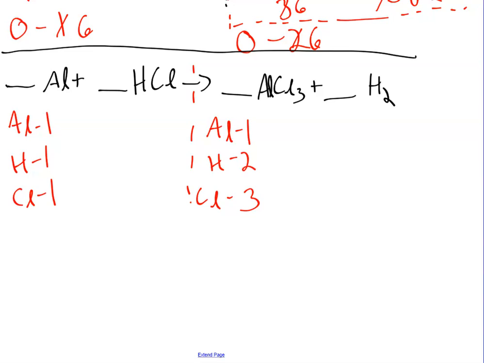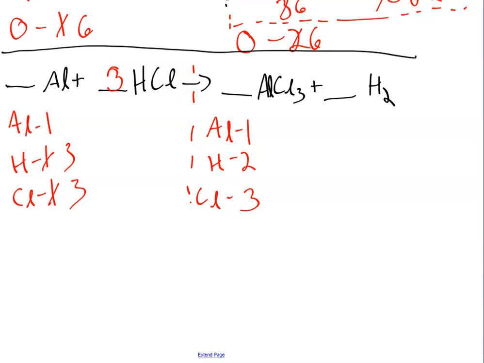Let's do chlorine. To give us 3 chlorines on this side, I can go ahead and put a 3 on that coefficient. Now hydrogen is 3 and chlorine is 3. Well, that doesn't make things sit in balance, does it?